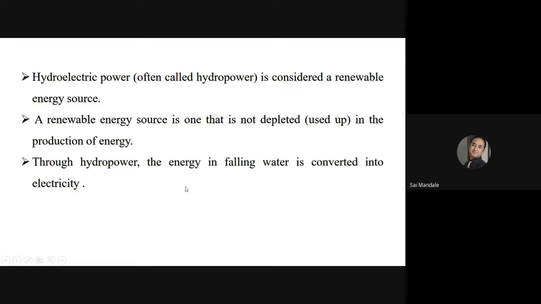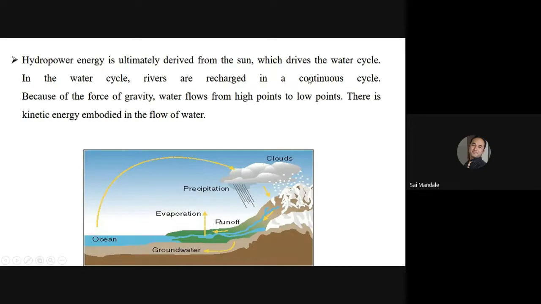Through hydropower, the energy of the flowing water is converted to electricity. So what is the energy possessed by the water, and how is it converted into electricity? Let us see. Basically, this is the rain cycle. Hydropower is nothing but the power possessed by the water, and it is ultimately derived from the sun. Because of the sun, the water cycle is going on.